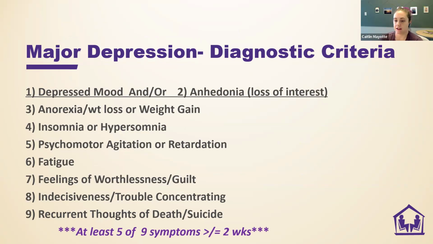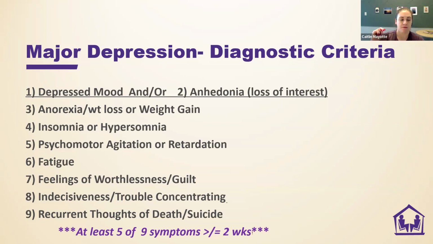These are, in order, basically the 9 questions on the PHQ-9. Those first 2, depressed mood and anhedonia, which is the loss of interest in things, are the first 2 questions on the PHQ-9. And those are the cardinal symptoms. You need to have at least one of those 2 symptoms to be considered a depression diagnosis.